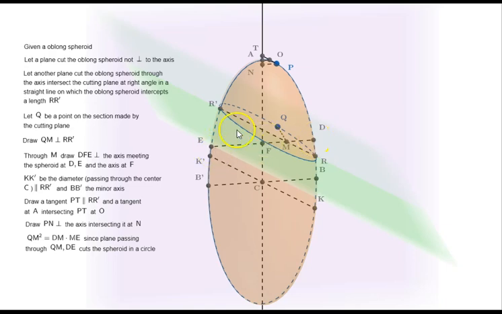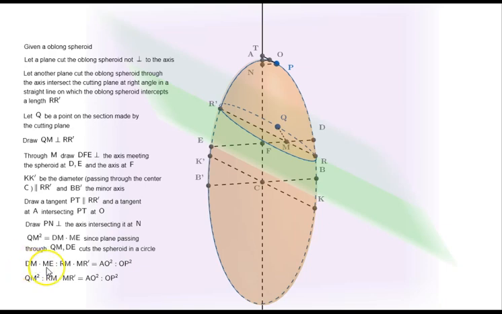So which means we will have a semicircle DQE and QM perpendicular to DE, so that QM square is equal to DM times ME. DM times ME is to RM times MR prime is equal to AO square is to OP square. This is one of our previous propositions.